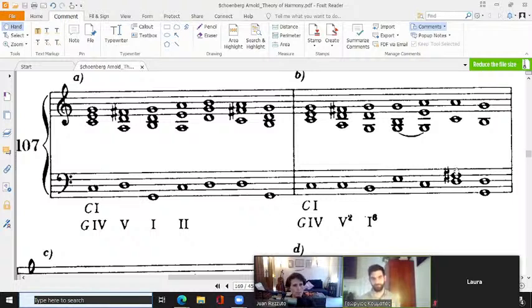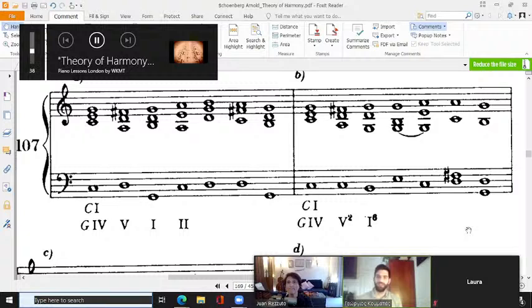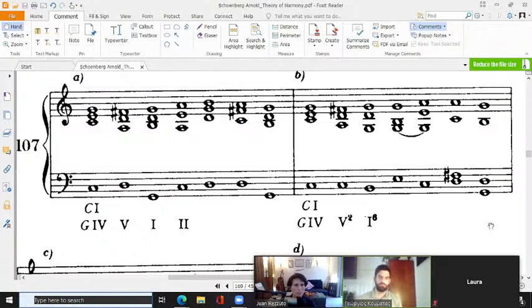And then we have this F sharp not going to the G. But why? Who can tell me why this can be seen as correct? We already have two Gs in the soprano and the bass, and we need a fifth.